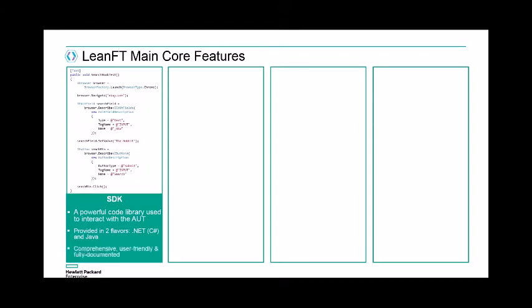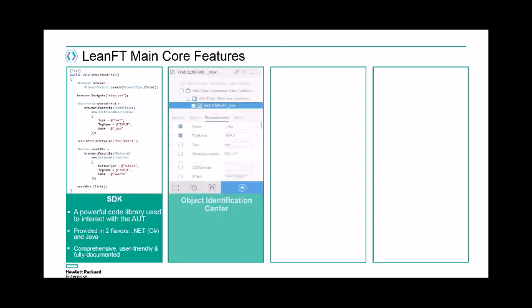Now, on top of that, it is very comprehensive, user-friendly, and fully documented. So you can have, with our online help, all the assistance and code samples that you would like in order to get you started in the most efficient way. So this is regarding the SDK.